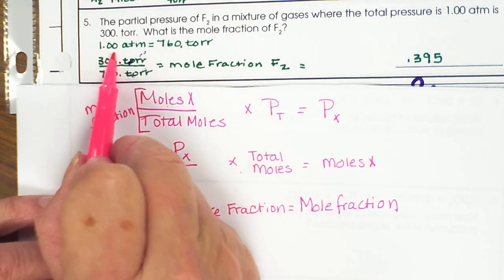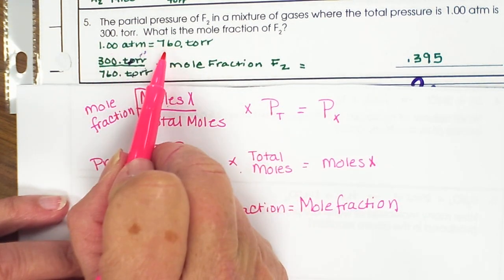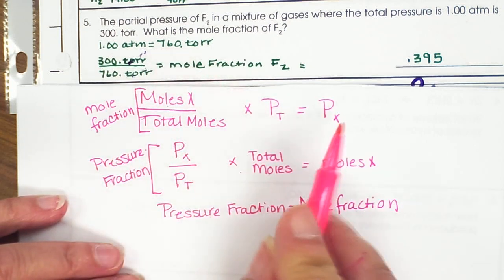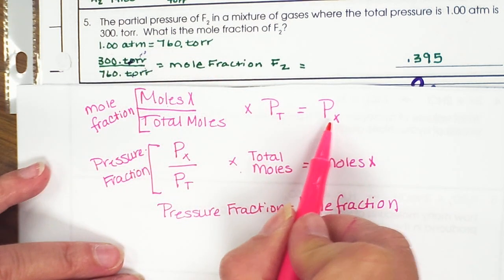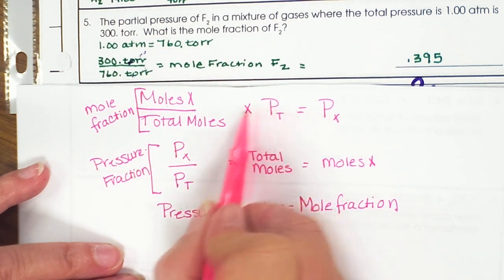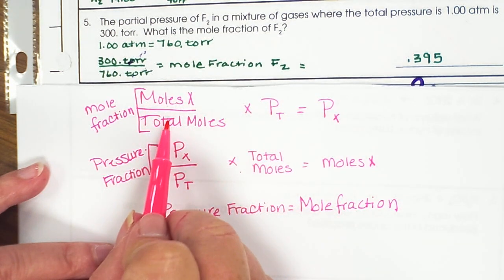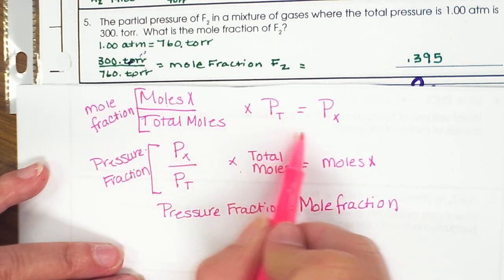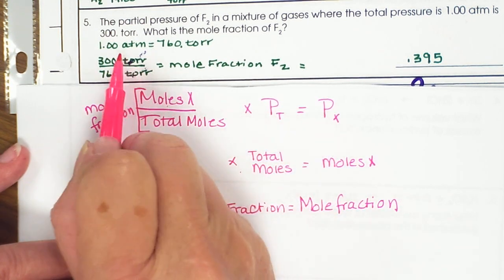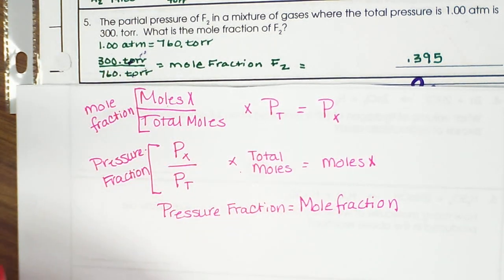The first thing I did was convert my 1 atm to 760 torr, so that my 300 torr and my 1 atm are in the same unit. Then I solved for my mole fraction. I divided my partial pressure by my total pressure, and that gave me my mole fraction.